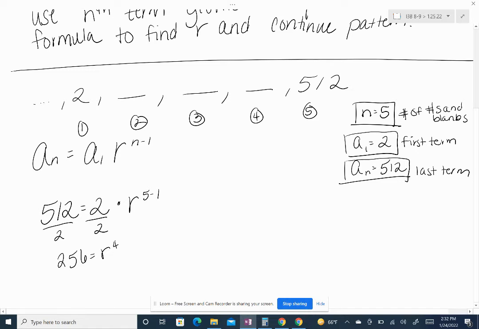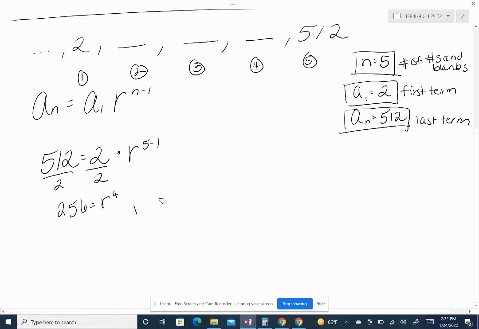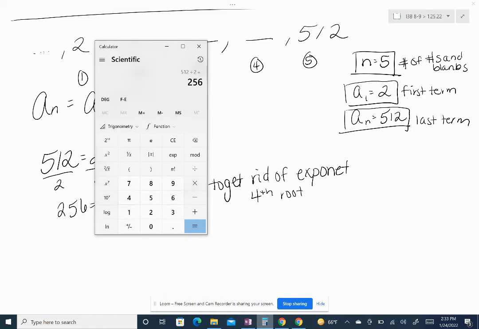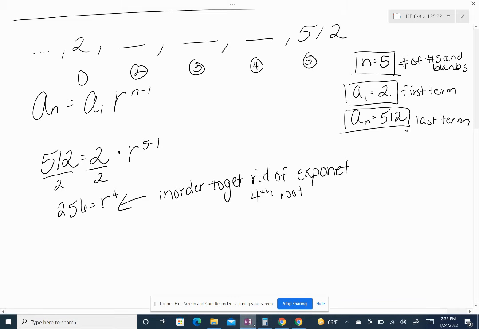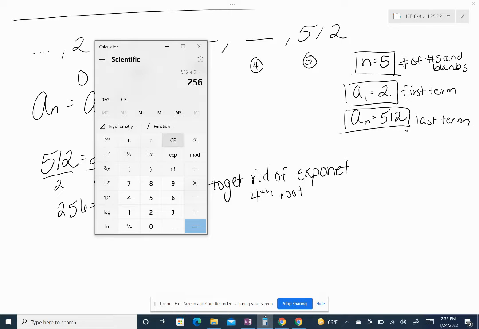So in order to get rid of that exponent, we can't take the square root because it's a 4, so we have to take the fourth root. On your graphing calculators, we did this when we were in Unit 5 for that project.